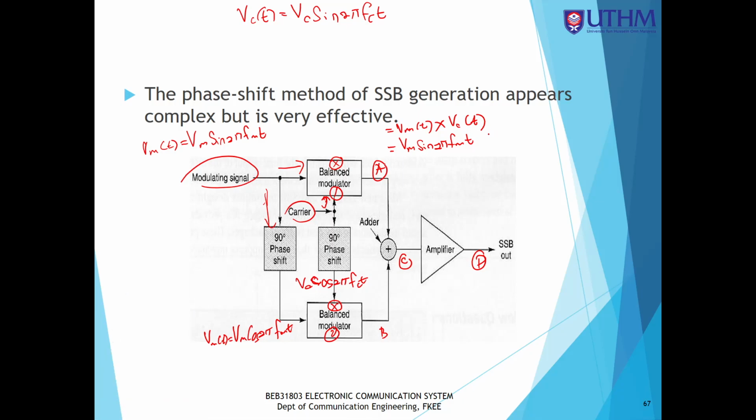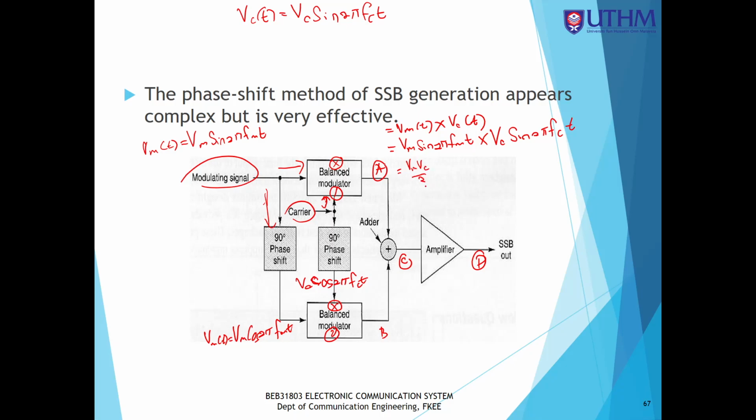if you cannot listen to my voice, if there's noise again, you can tell me. Okay, so this multiplied with Vc sine 2 pi FCT. So it becomes Vm Vc over 2.